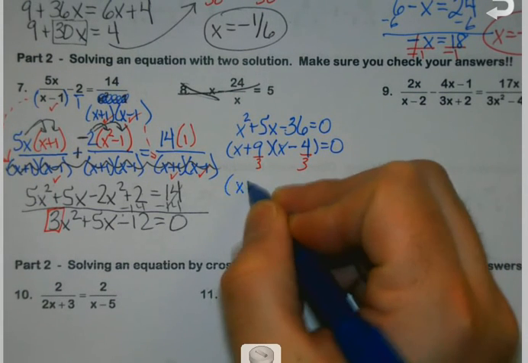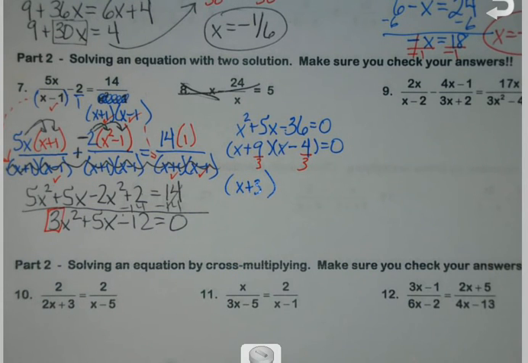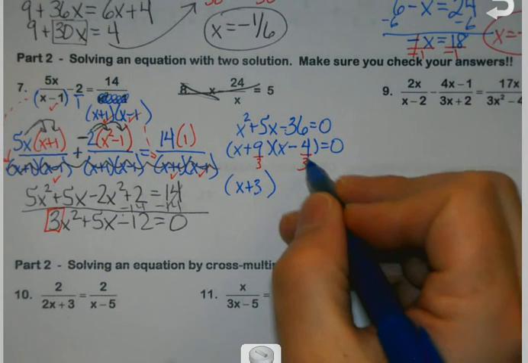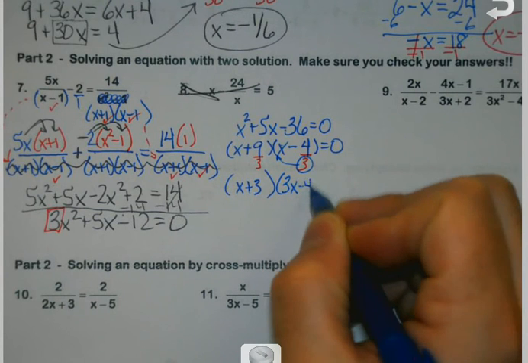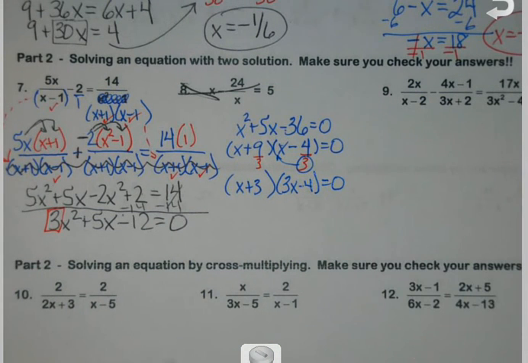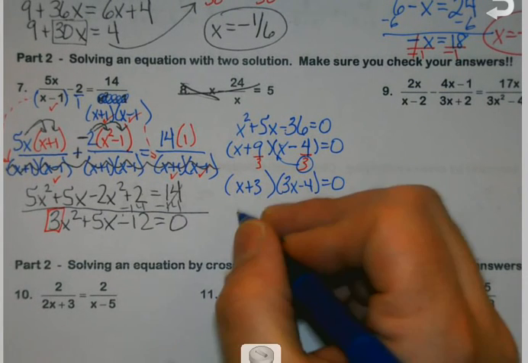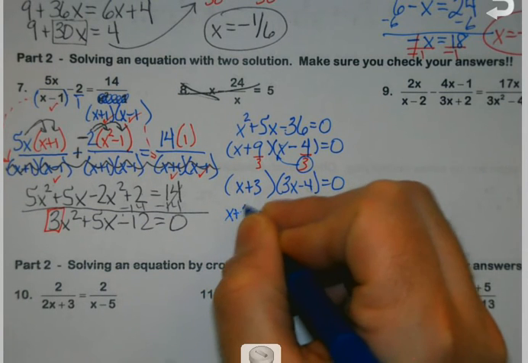So let's see here, x plus 3. 3 doesn't go into 4, so that goes back to the front. And now I just set those two sets of parentheses, my factored form of this, equal to 0, and see if my answers work.